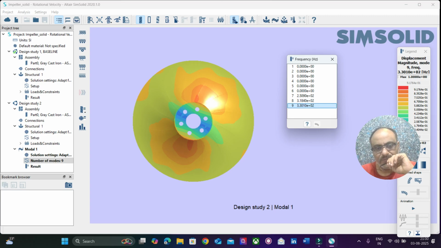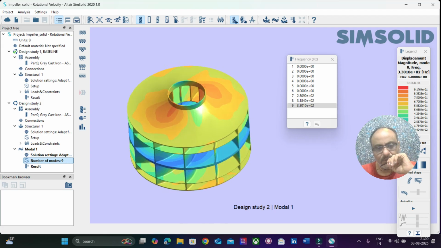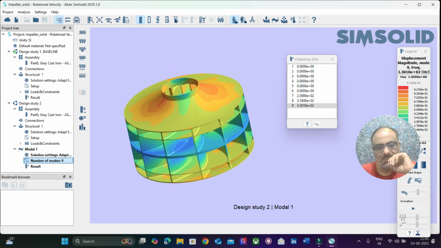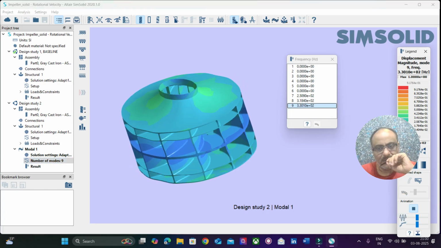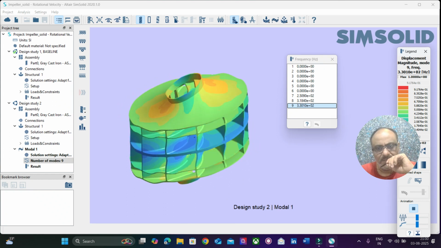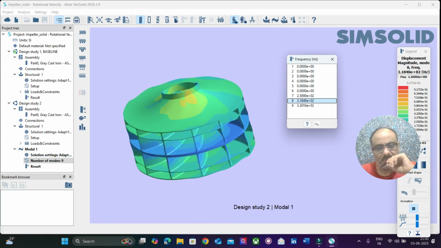So here you find how the impeller is responding to each frequency. You will be able to clearly visualize it from this. This is how it behaves when the frequency is 330. That is the third frequency, and the second frequency is 318.4.